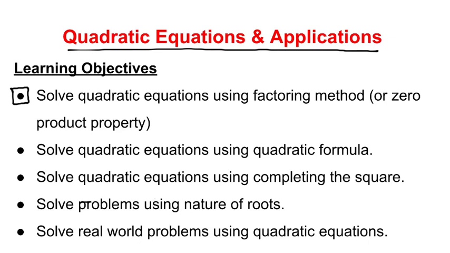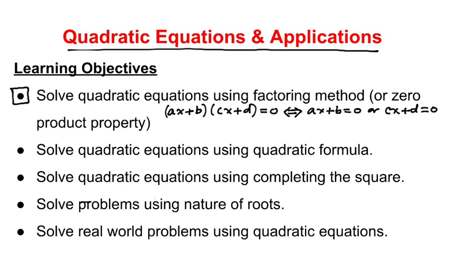Meaning, when you factor any quadratic equation to this form, say for example (ax + b)(cx + d) = 0, then by the zero product property, either ax + b = 0 or cx + d = 0. And from each of these, we'll be able to find the value of x. So we are going to use that technique for solving quadratic equations.